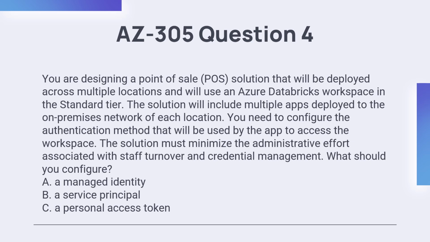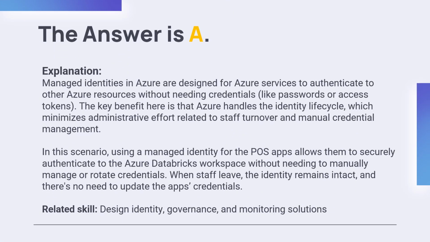The solution must minimize the administrative effort associated with staff turnover and credential management. What should you configure? A. A managed identity. B. A service principal. C. A personal access token. The answer is A.